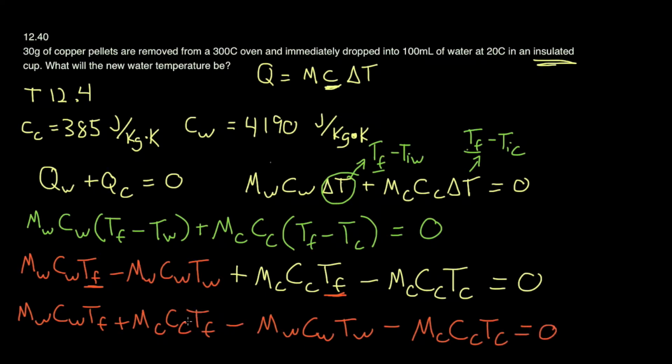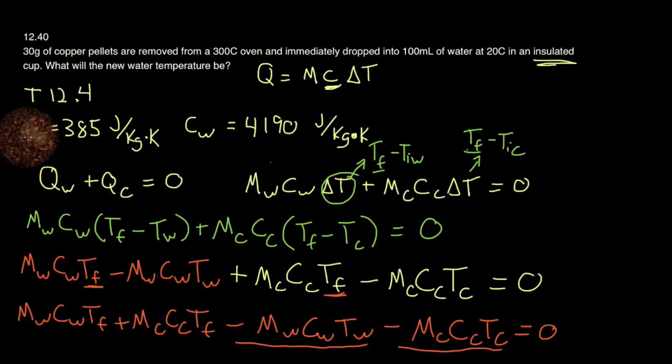Now I can factor out a T sub F from both these first two terms over here, right? And then I can add this and this to the other side. And then I can isolate my T sub F. So let's go ahead and do that right now.